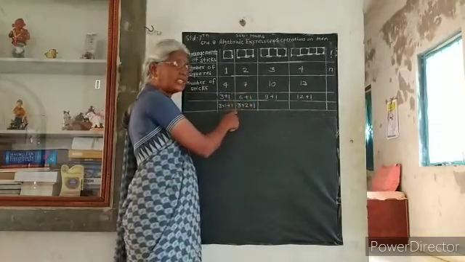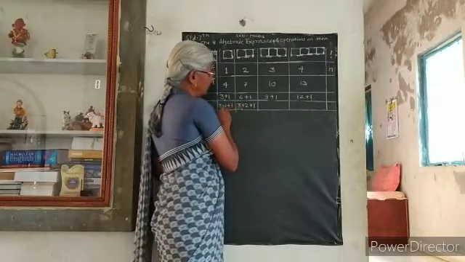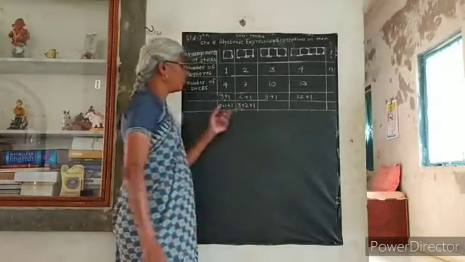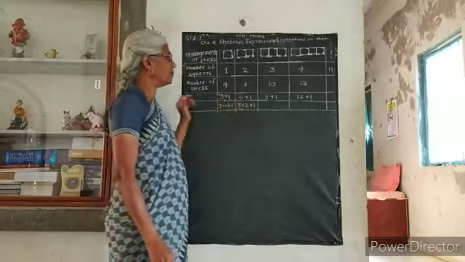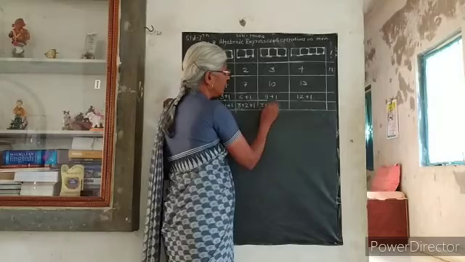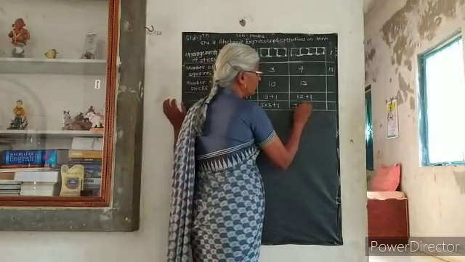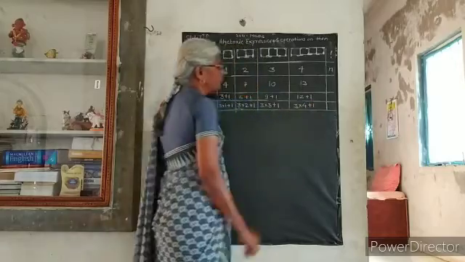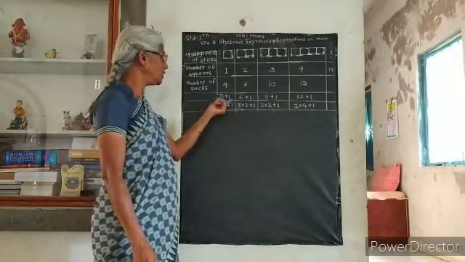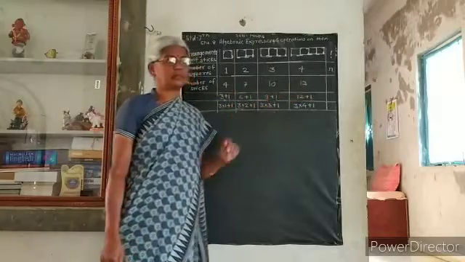Means the value is not changed. Only the writing form is changed here. Then 3 into 3 plus 1, 3 into 4 plus 1. Only the writing form is changed. The number of sticks remains constant.